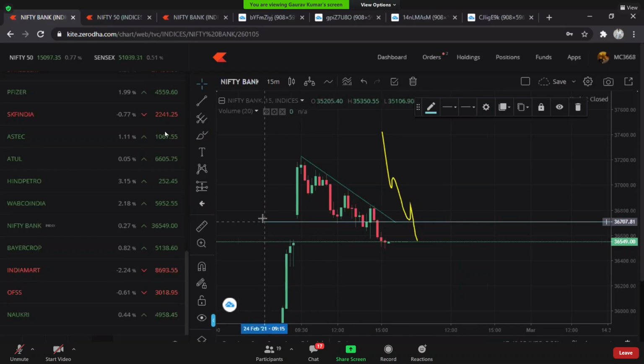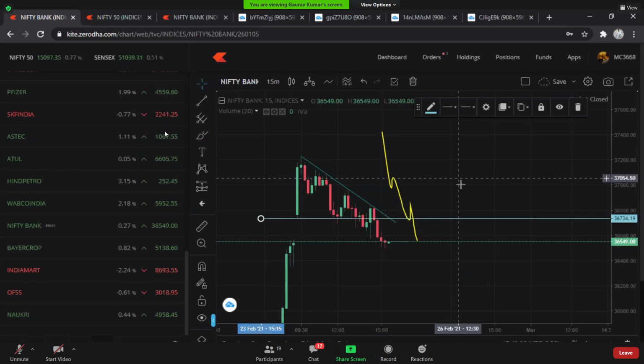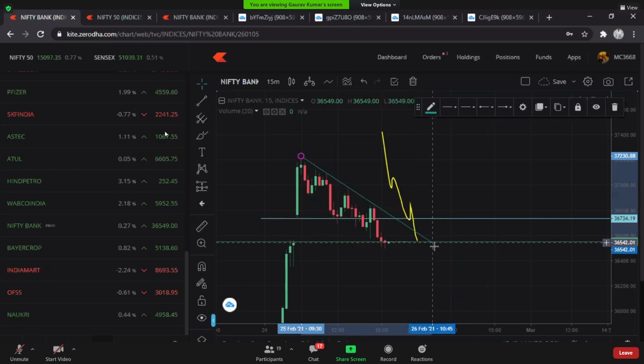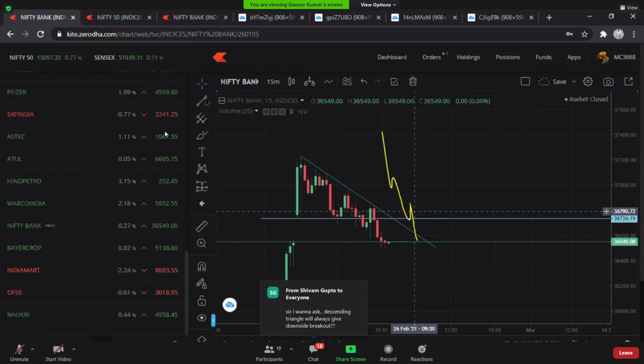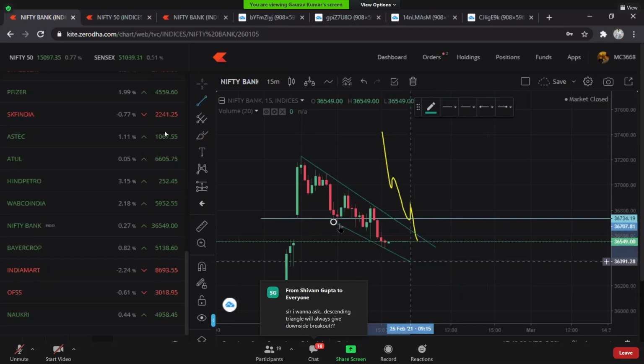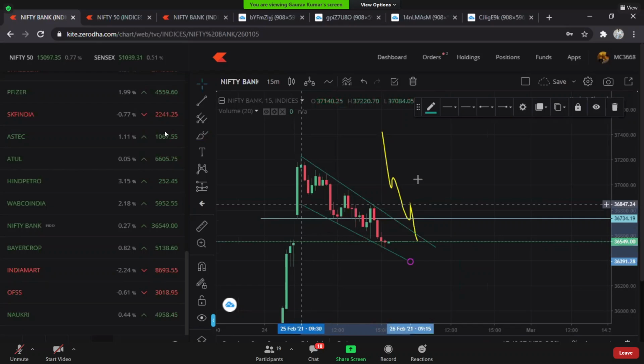And now see the moves of all the remaining candles. This is called volatility. And Bank Nifty has formed this channel kind of structure out here.